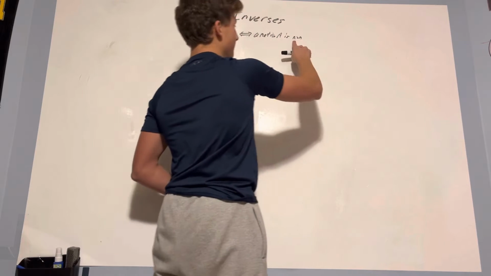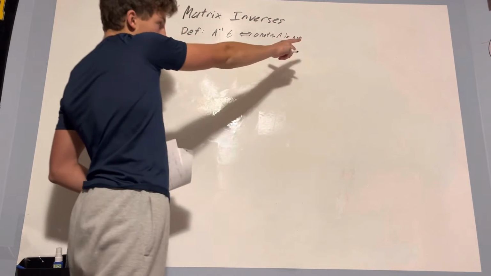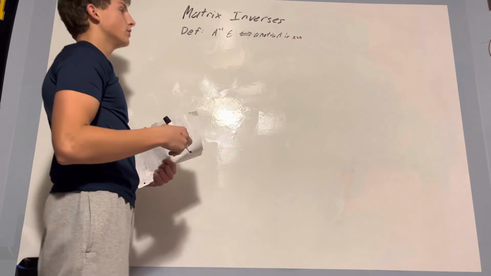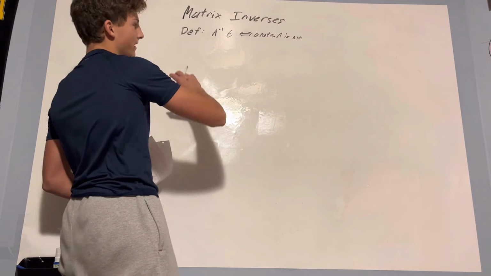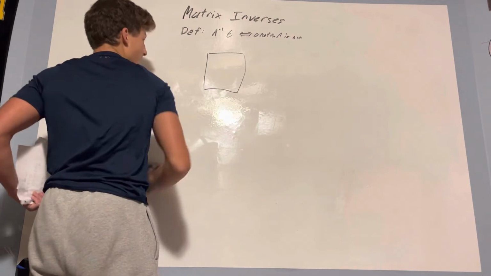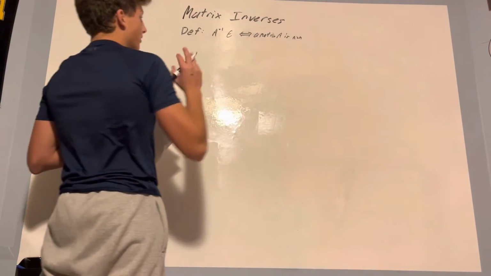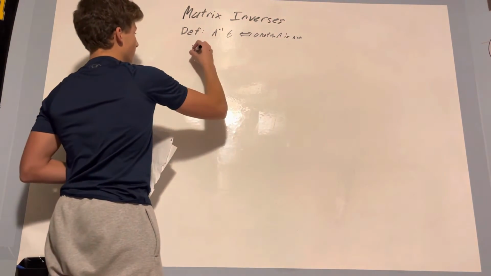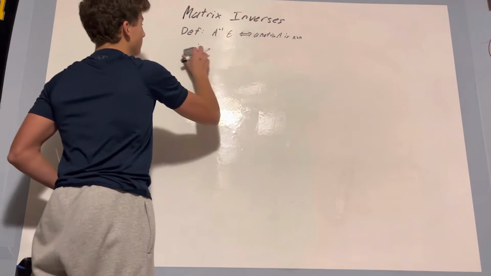That means it has the same number of rows as it does columns, and that is generally called a square matrix, which makes sense. It's basically just a square. You'll see why in a second. So let's just go through the process of finding an inverse matrix.